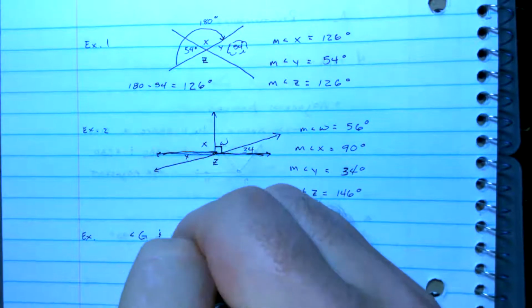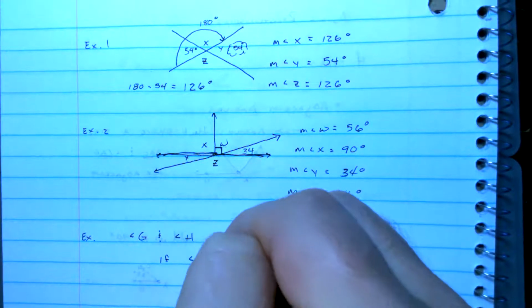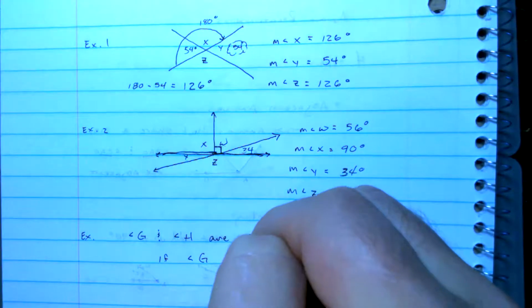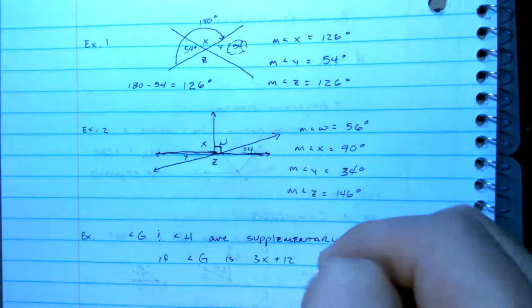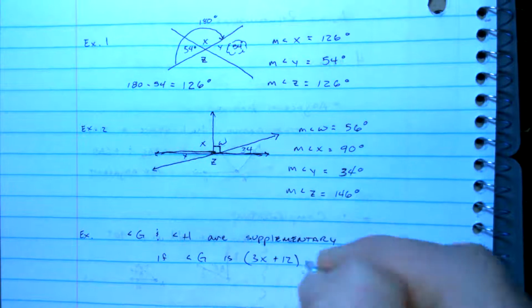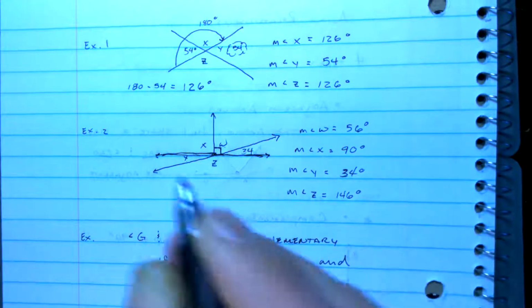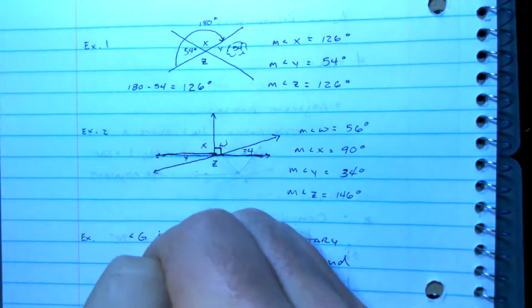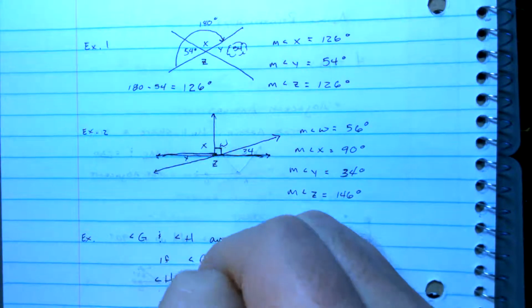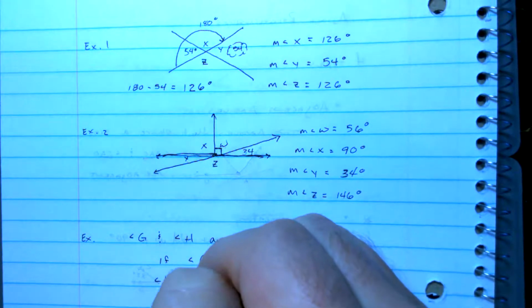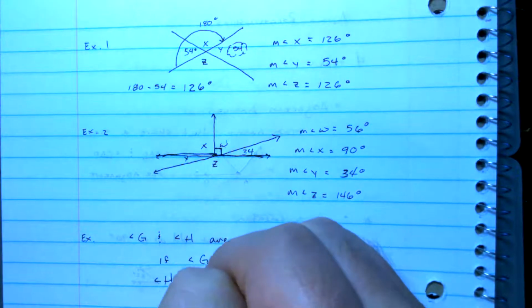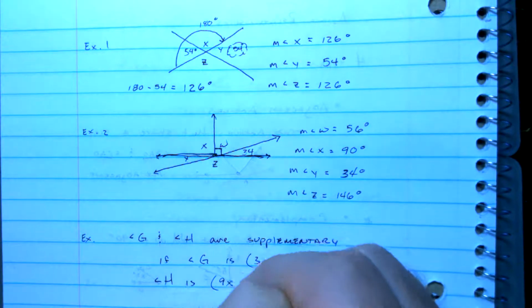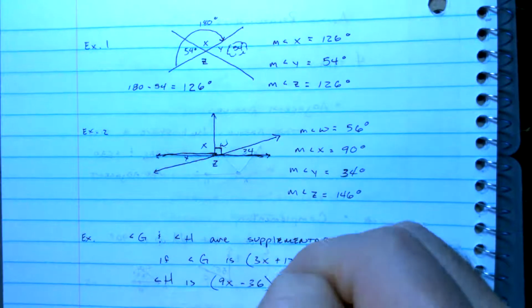If angle G is 3x plus 12 and angle H is, I don't know, let's just go with 9x minus 36.